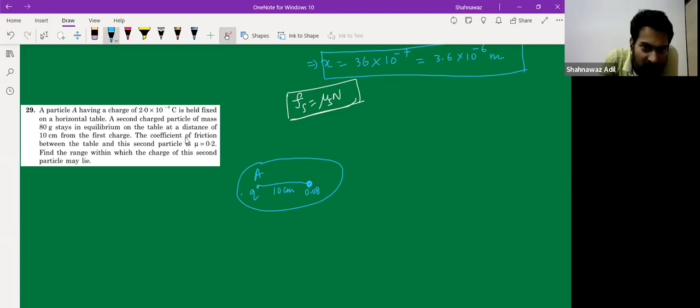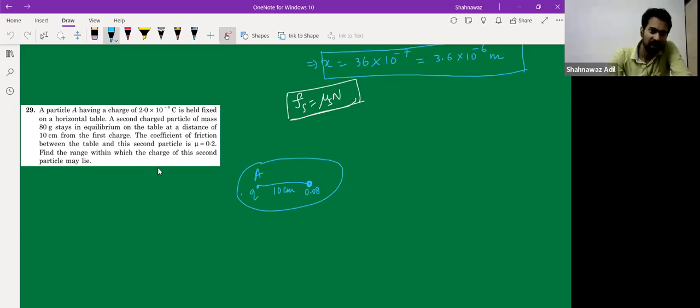The coefficient of friction between the table and this particle is mu, as 0.2. Find the range within which the charge of this second particle may lie.